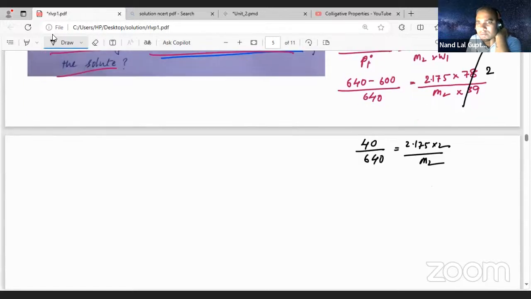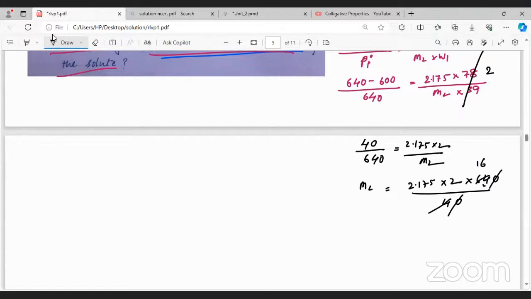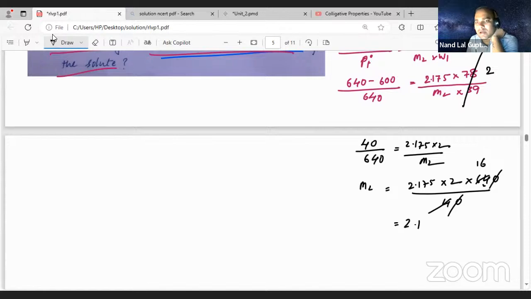So M2 is equal to 2.175 multiplied by 2 multiplied by 640 divided by 40. This is divisible too: 4 1s are 4, 4 16s are 64. So it is 2.175 multiplied by 32.